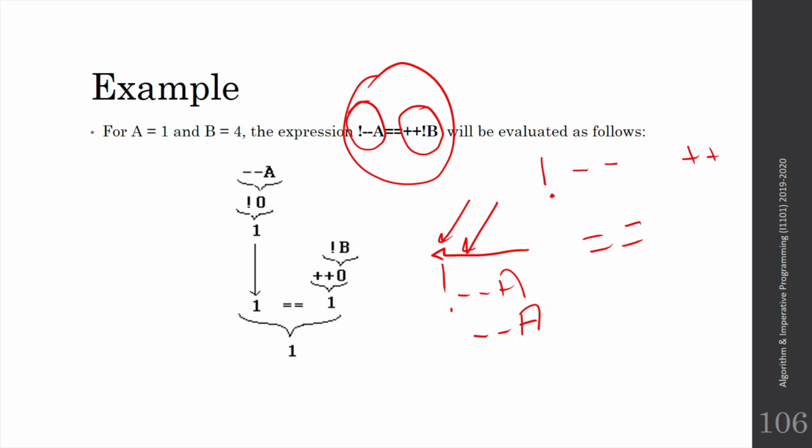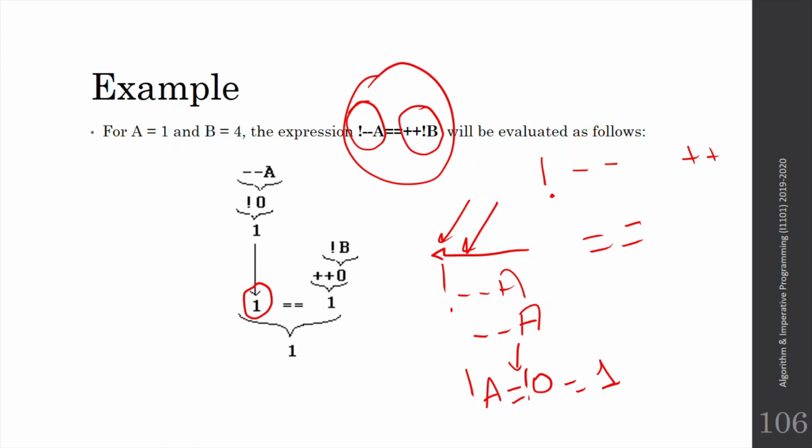Minus minus a is a pre-decrementation, so we decrement a. a is equal to 1, and then a will be equal to 0. Then we apply not. Not 0 means what? It equals 1. So not minus minus a is equal to 1.